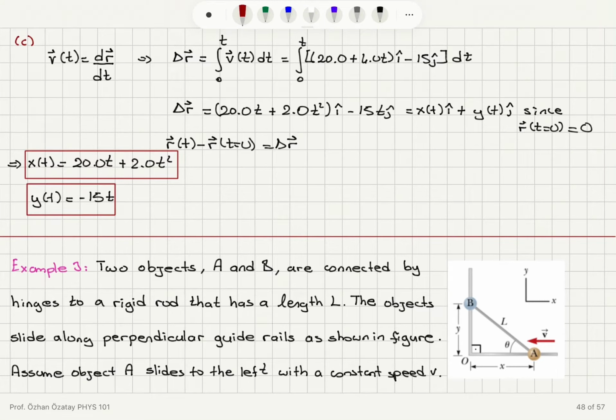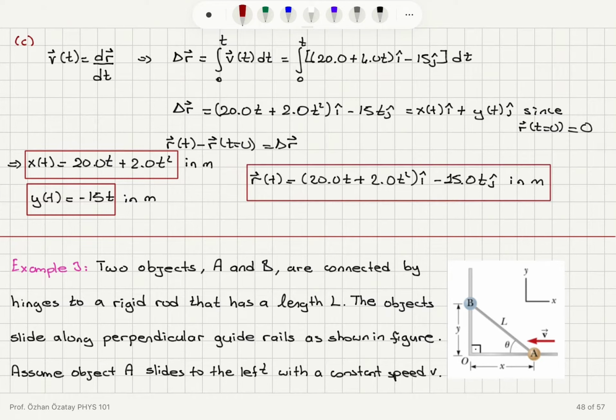These are both in meters, and therefore the position vector in meters is (20.0 t plus 2.0 t squared) i hat minus 15.0 t j hat, where t is in seconds.